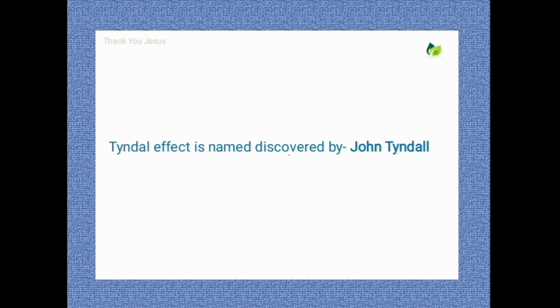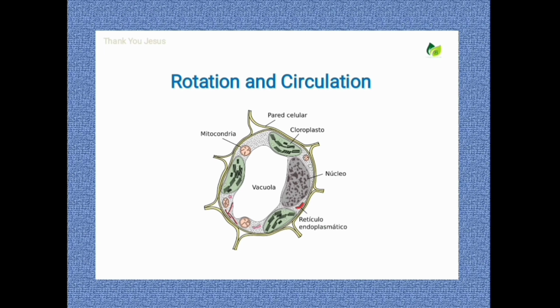Now coming to the next one, that is rotation and circulation. Cytoplasm exhibits two types of movements, such as rotation and circulation. Rotation is the clockwise or anti-clockwise movement of cytoplasm around the vacuole. So you can see the picture.